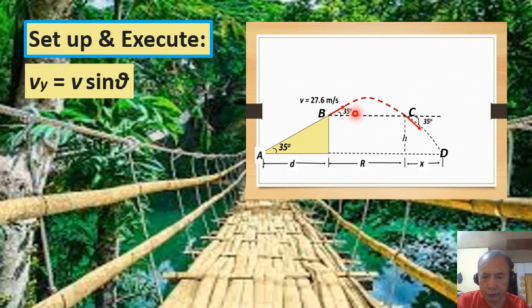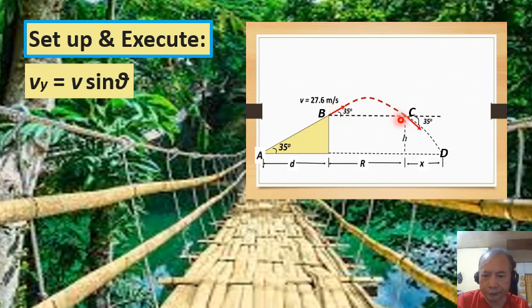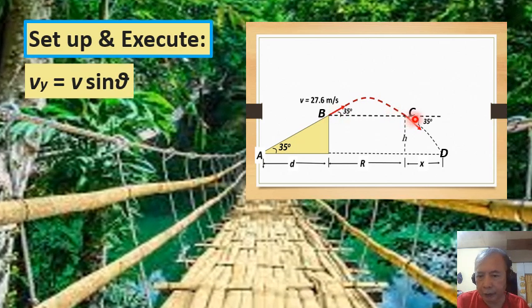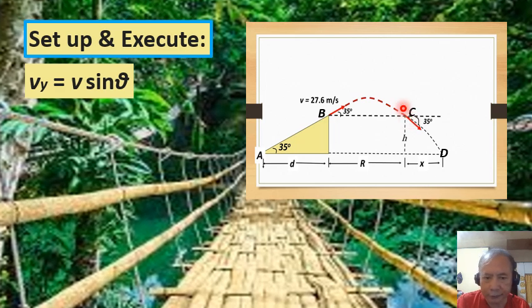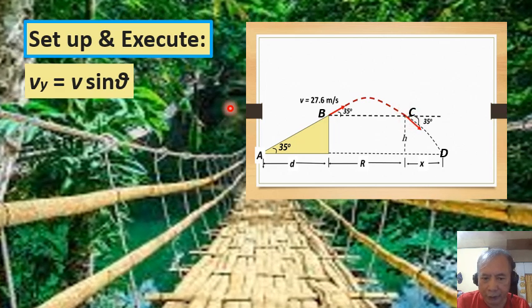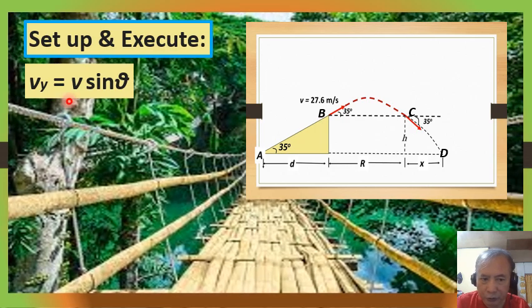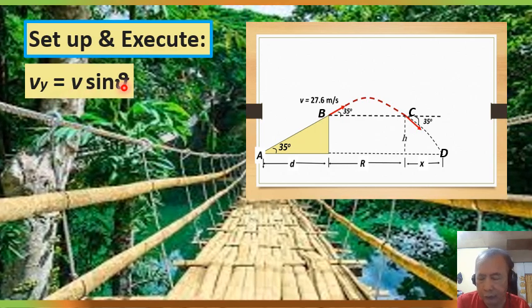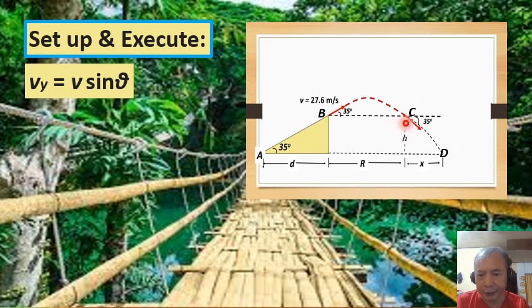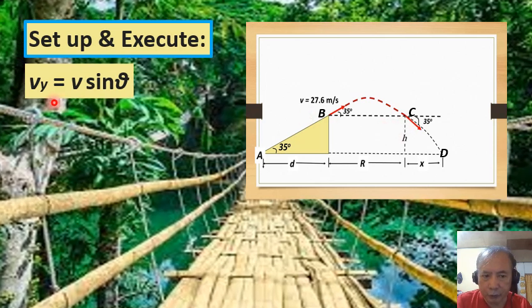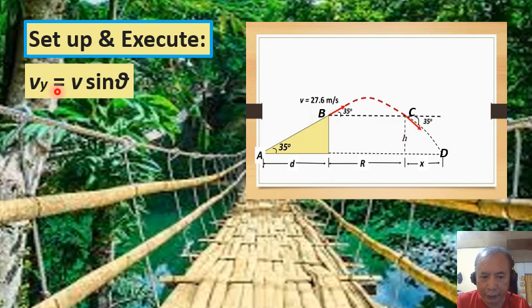When the rocket reaches the point labeled as C here, it's going to have the same magnitude of the downward velocity, all right, which we denote here as v sub y.